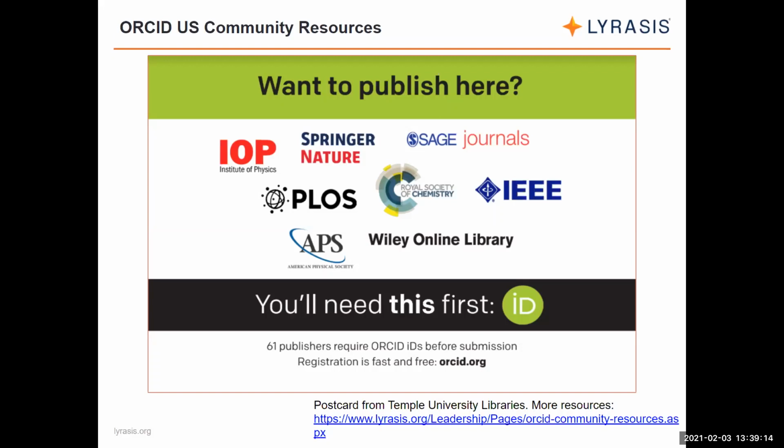Many publishers are increasingly requiring that authors submit an Orchid ID when they submit their manuscript. And related to this, many funders are increasingly also requiring Orchid IDs. So the more you can help your researchers understand what Orchid is and how it can benefit them, the better.